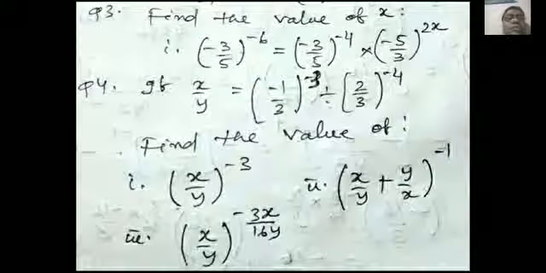Fourth question: if x/y is equal to (-1/3)^-3 divided by (2/3)^-4, find the value of first bit (x/y)^-3, second bit (x/y + y/x)^-1, third bit (x/y)^-3x by -3x by 16y.